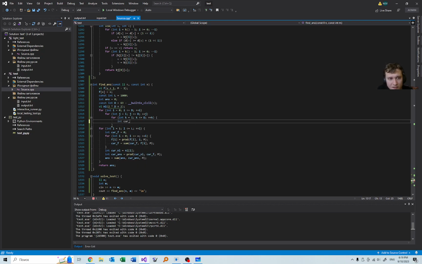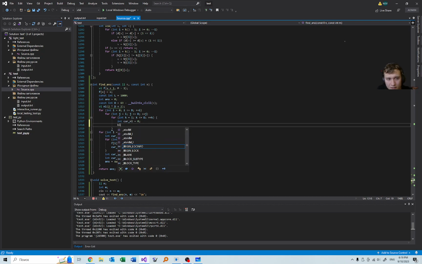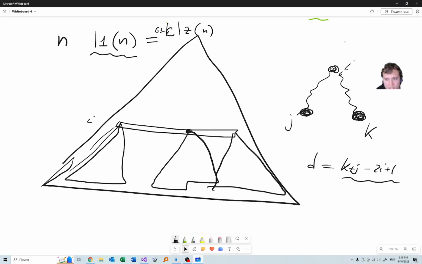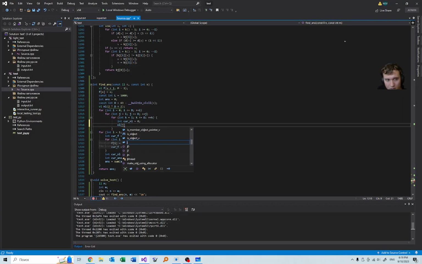So int current NL equals something. And we say that NL of k plus j minus 2i plus 1 equals sum of this number and current NL modulo m.